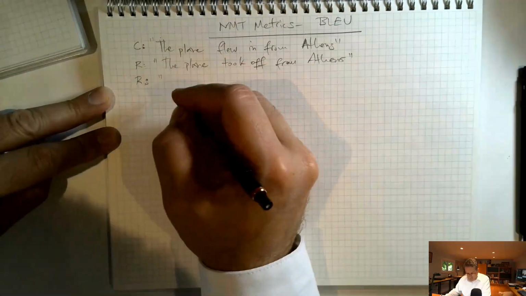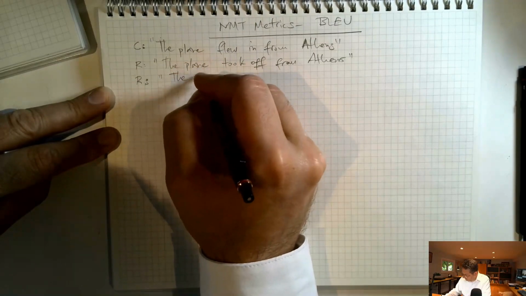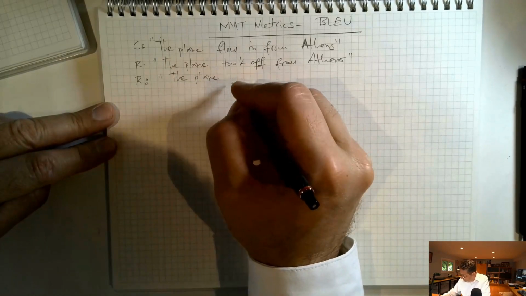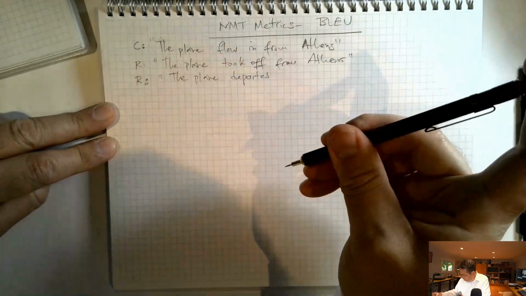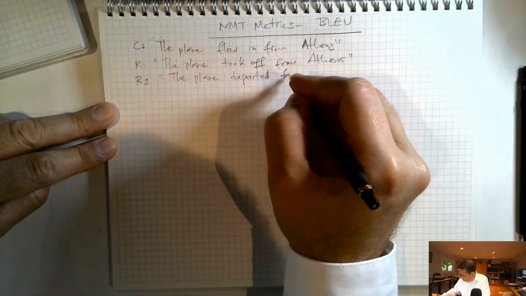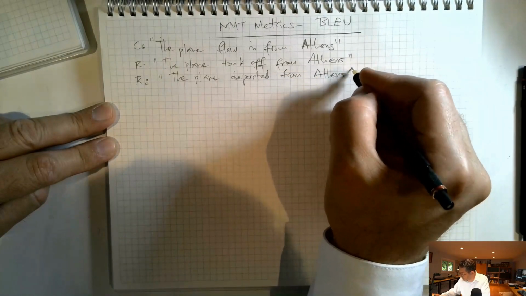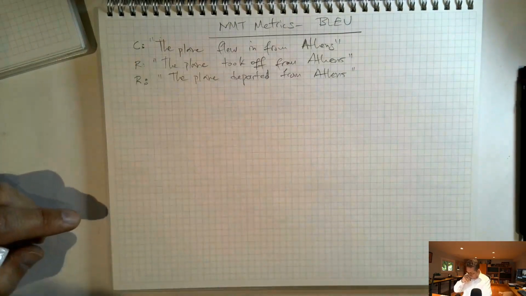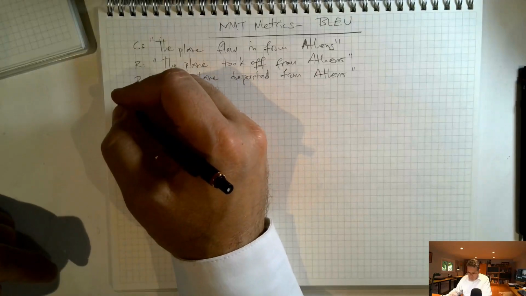And the other sentence is: the plane departed from Athens. Actually, I'll take that back, what I just said about not spelling good news. Okay, so we'll see exactly how the BLEU is working, and then we can make some comments.